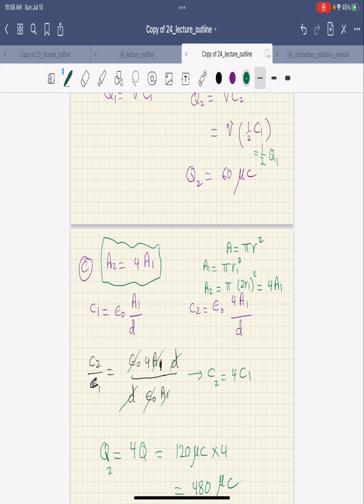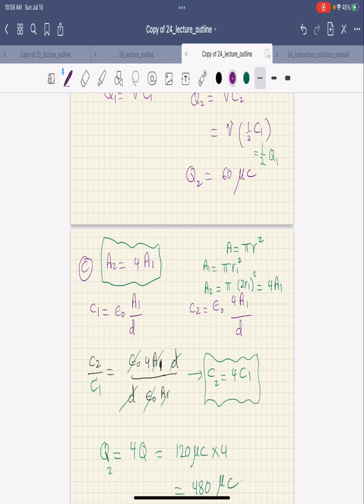Then C1 is epsilon 0 A1 over D. C2 is going to be epsilon 0 4A1 divided by D. We did not change D. And here I have just divided C2 by C1, and many of these terms cancel, and then I have that relationship between C2 and C1.